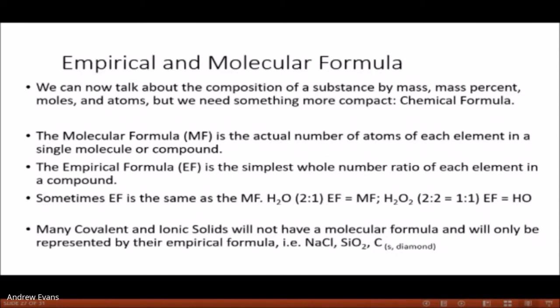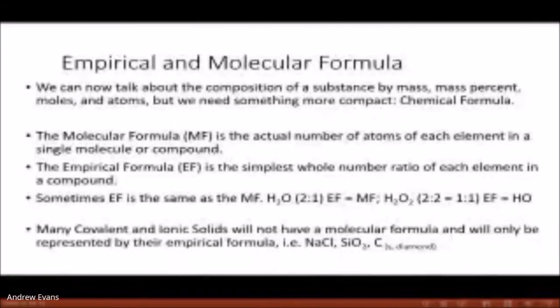We can now talk about the composition of substances by mass, the mass percent, moles. We can look at a chemical formula. How do we actually determine the chemical formula? Well, the molecular formula is the thing we've been dealing with all this time. It's the actual number of atoms of each element in a single molecule. So CO2 is just CO2.